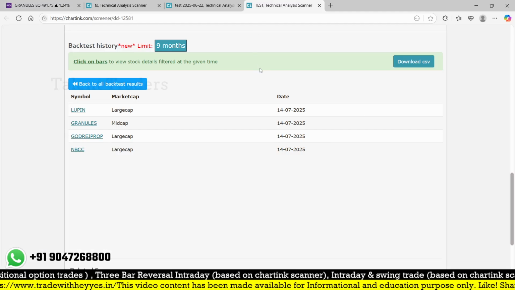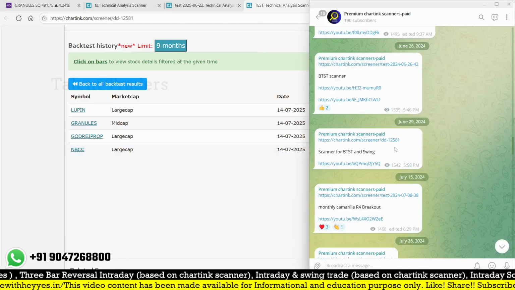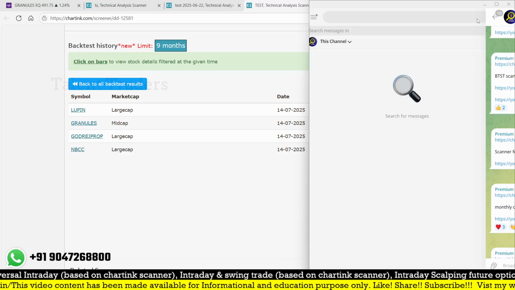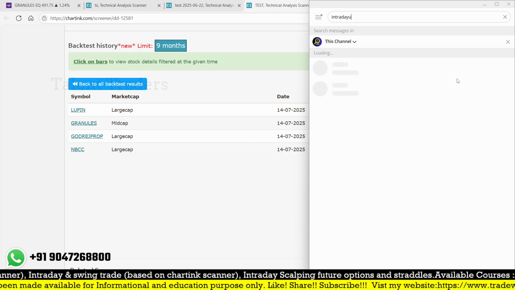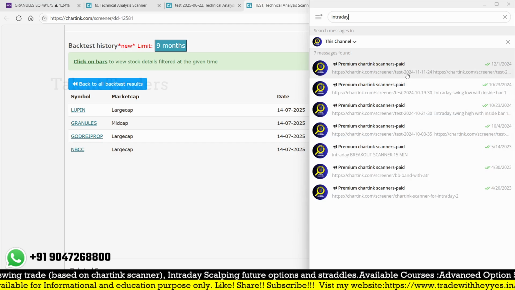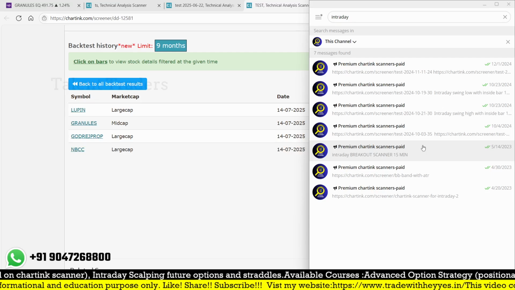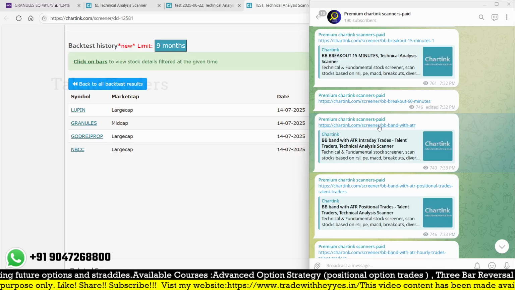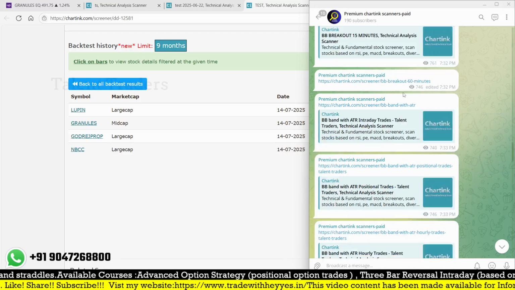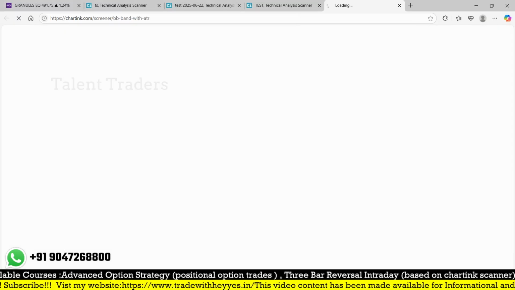You can check what scanners are available here, and maybe there are many intraday ones too. You can search as per intraday. We have some special intraday scanners, for example Bollinger Band with ATR.